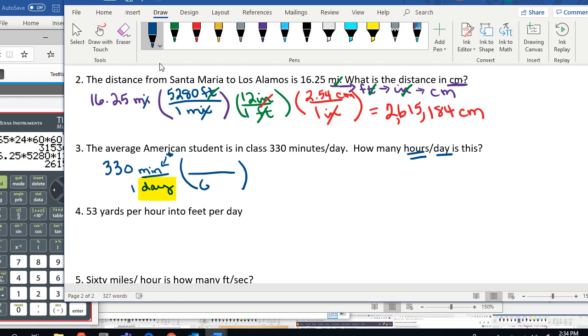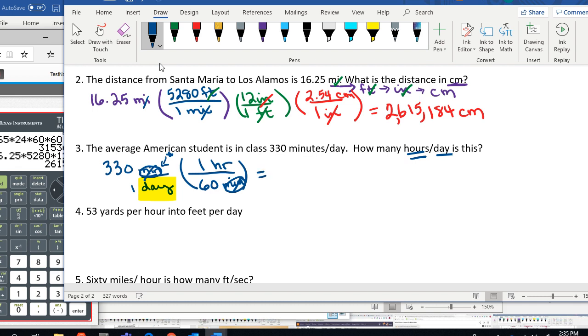And I know that 60 minutes is 1 hour. Now, notice that the 60 went on the bottom, not the top, because minutes had to cancel with this minute. Okay, they had to cancel.